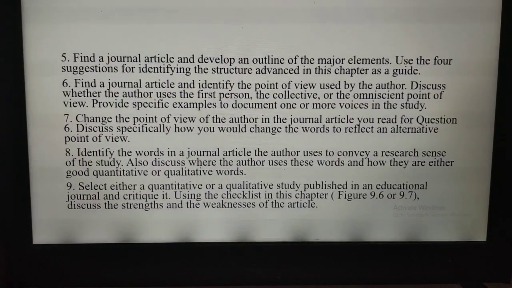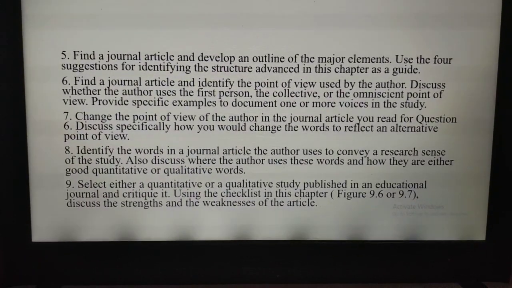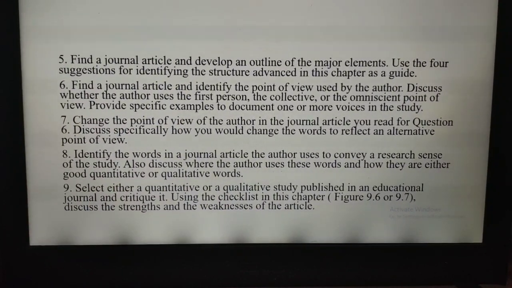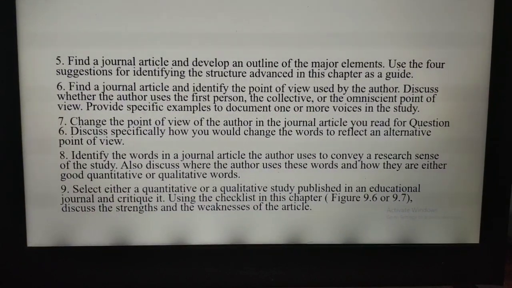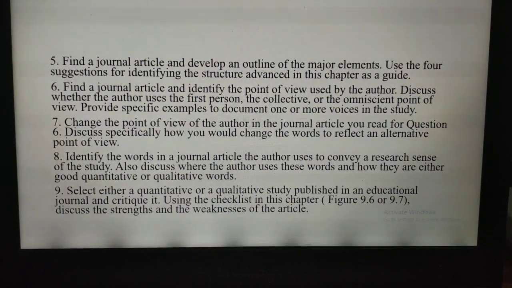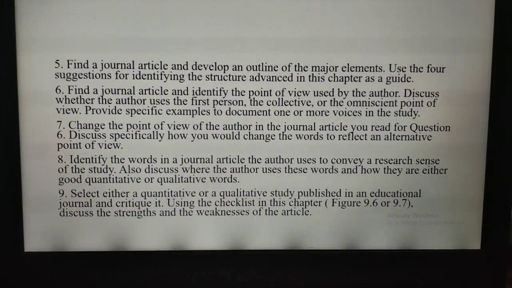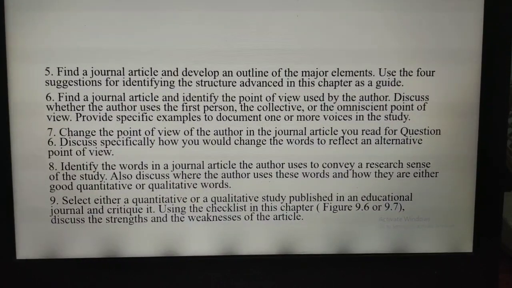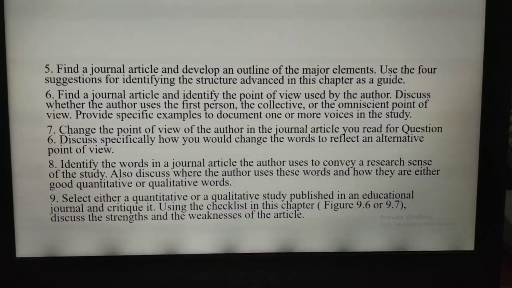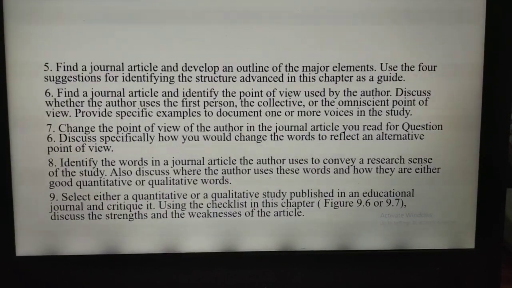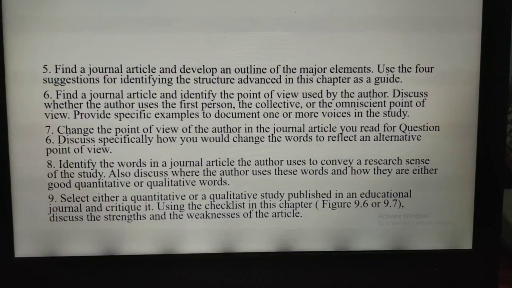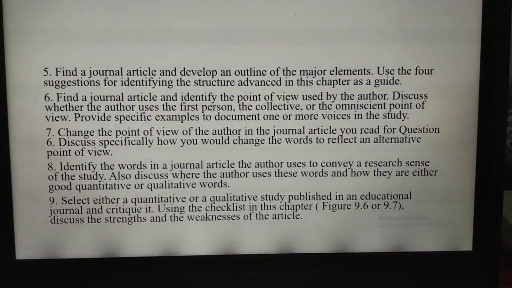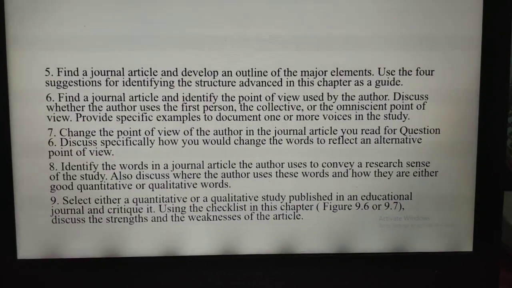Identify the words in a journal article the author used to convey a research sense of the study. And the last is, select either a quantitative or qualitative study published in an educational journal and critique it. Use the checklist in the chapter, Figure 9.6 or 9.7. Discuss the strengths and weaknesses of the article.